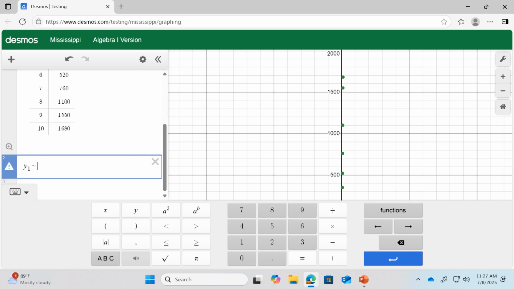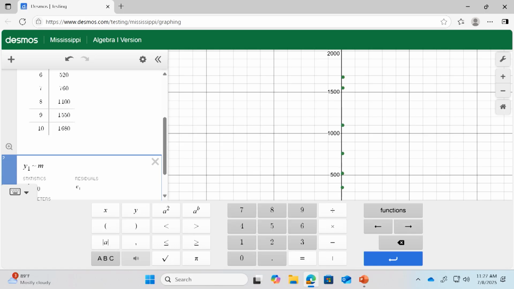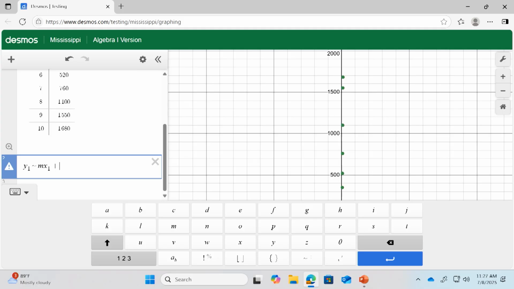So obviously, if we're looking for linear, it's y equals mx plus b. So I'm going to do y sub 1, the squiggle, m, and then we have our x sub 1 plus, then we're going to put our b.